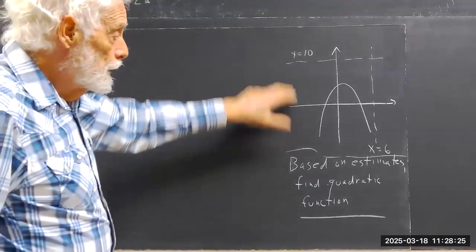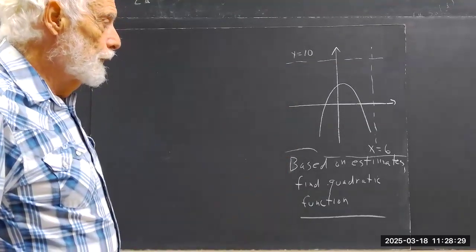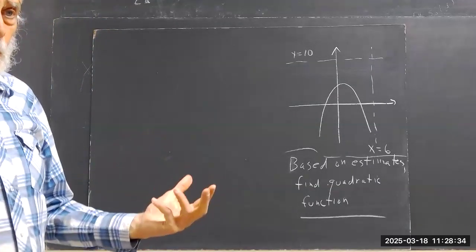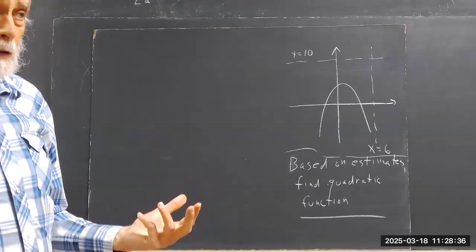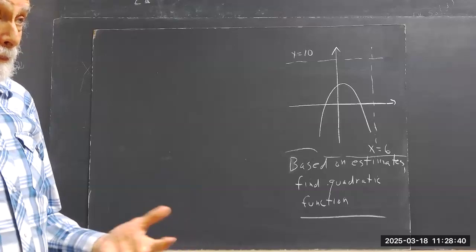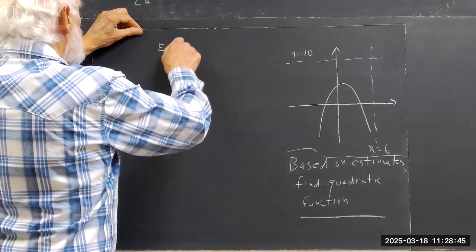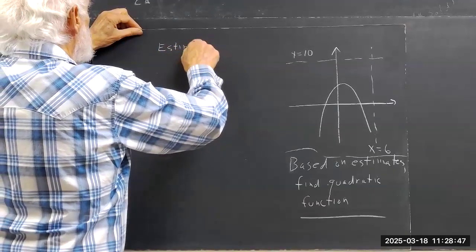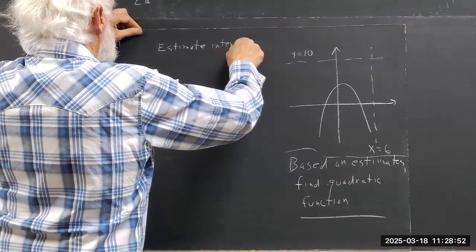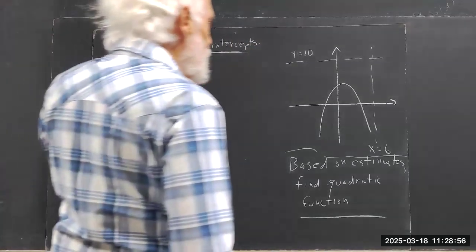So let's see what more you would have needed to do this. There are several things you can estimate here. But the first thing you would probably want to estimate is the intercepts, because you know that the intercepts are always important. Okay, so estimate the intercepts.